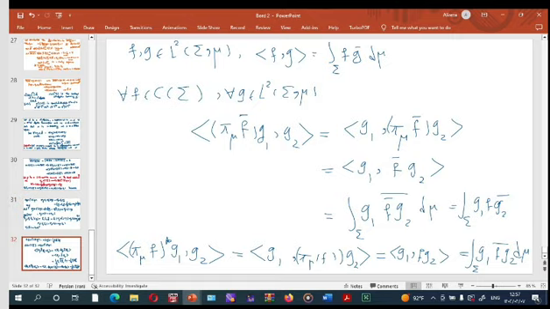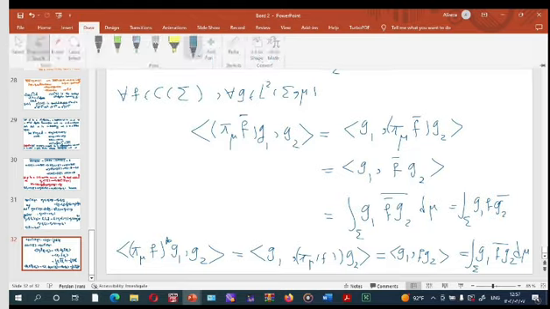P mu of f bar, if we consider P mu of f bar, this inner product equals, oh, we have a mistake in this line, so we must delete this. I'm very sorry.